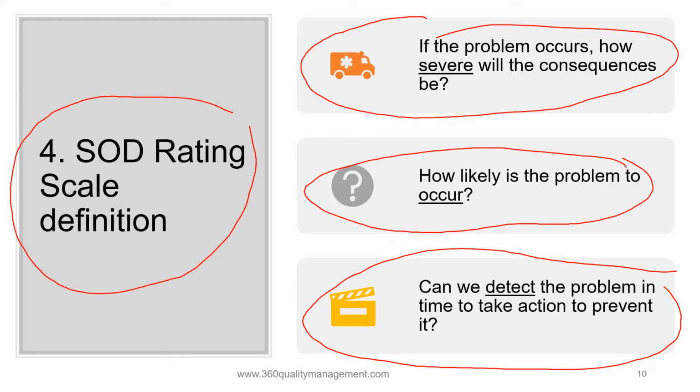All team members must be calibrated to the scales of severity, occurrence, and detection to derive the final risk priority number, which will be used to determine the top priority failures that need to be worked on.